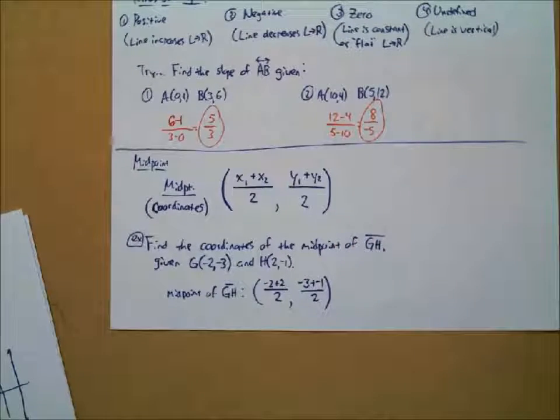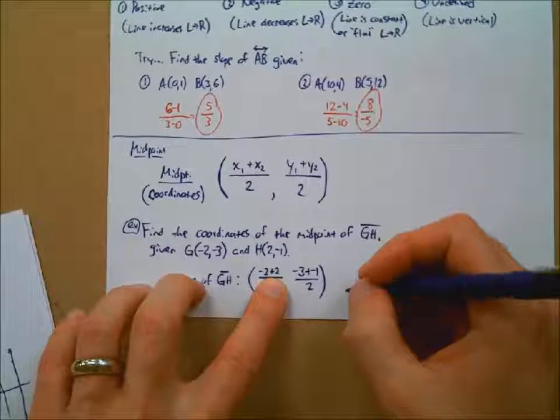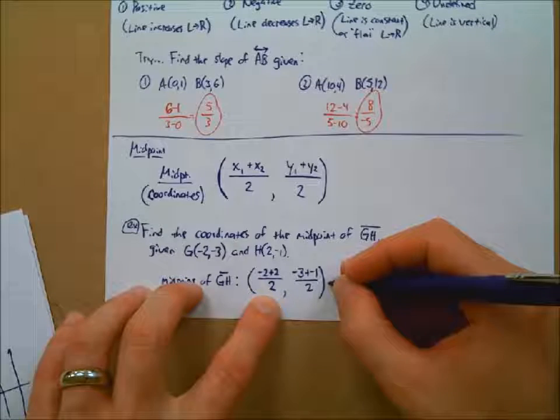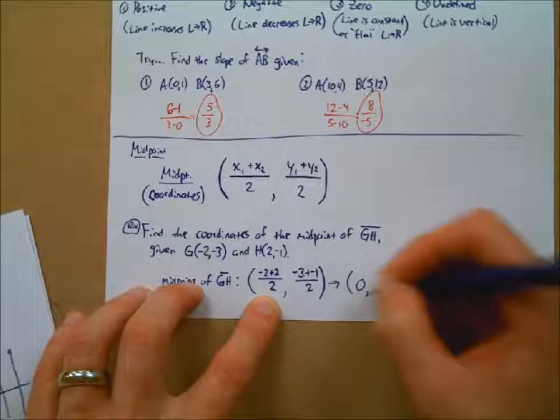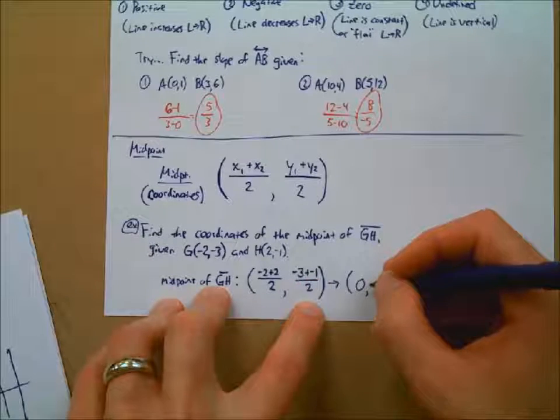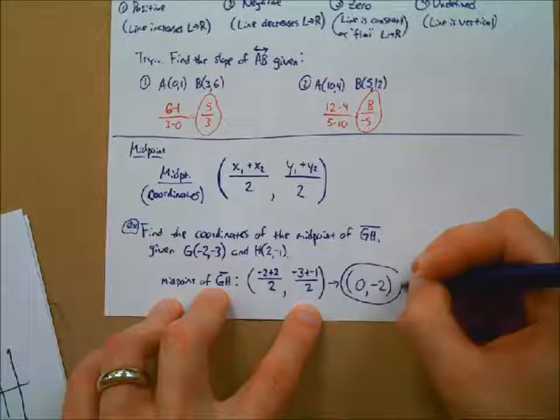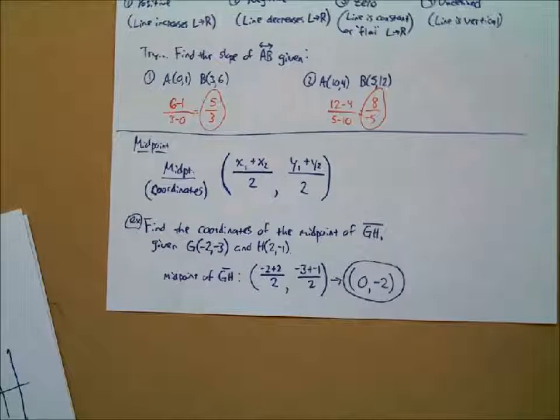Those will be the coordinates for the midpoint once we simplify. -2 plus 2 is 0, divided by 2 is 0. -3 plus -1 is -4, divided by 2 is -2. And there it is, the coordinate for the midpoint.